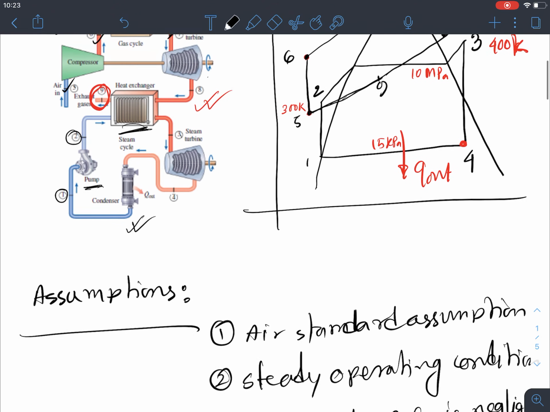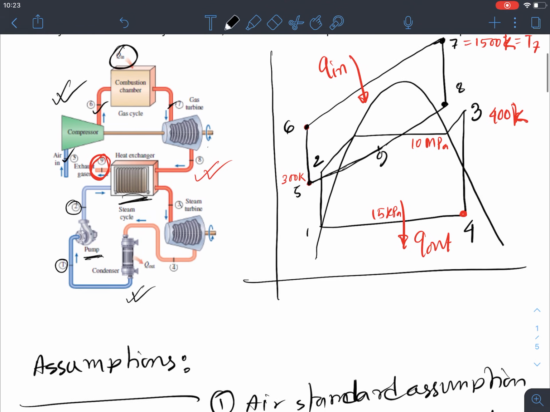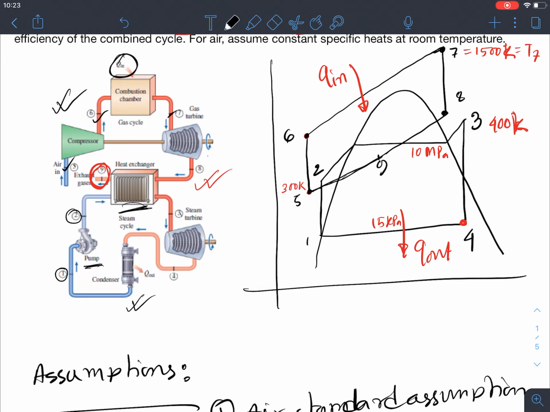Oh no, I'm telling the wrong thing. Basically P6 equals P7, and P8 equals P5. Why? P6 to P7 is constant pressure heat addition. Similarly, when the gas exits the turbine, it becomes atmospheric pressure, which is the inlet pressure of the compressor. Atmospheric pressure is P5, which equals P8, right? So P8 and P5 are the same.